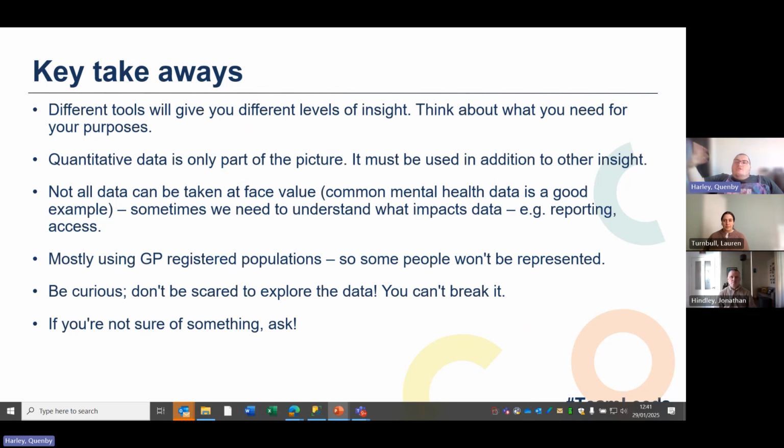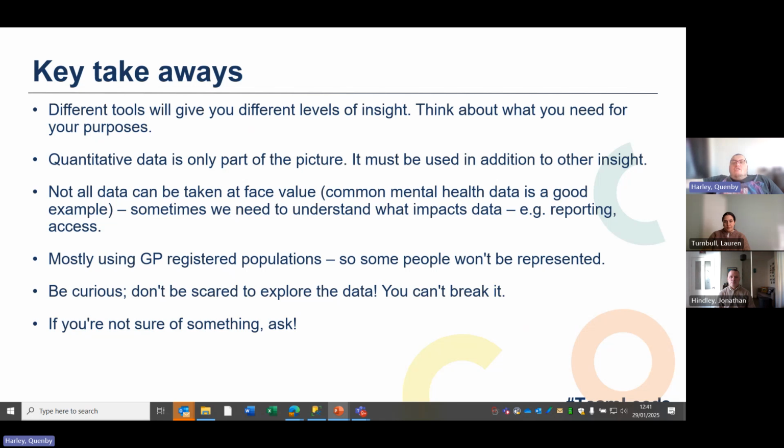And as we're talking about with common mental health issues, sometimes there are differences in how widely it's reported. So there are always factors which affect how reliable the data is, which you need to bear in mind when using it. And you need to be a little bit critical when using it.